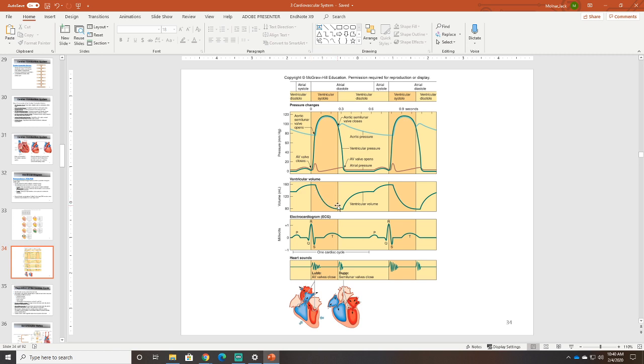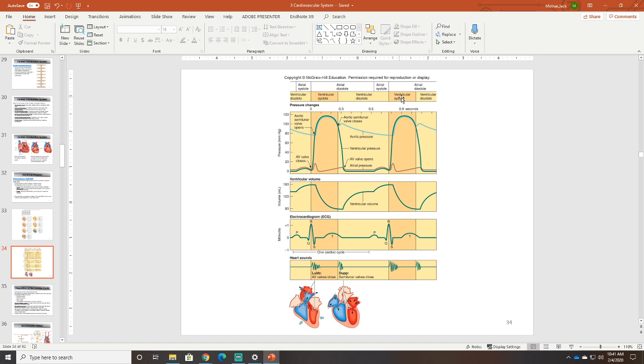Then during ventricular diastole, or ventricular relaxation, we see passive filling of the ventricles. About 70% of its volume here is passive filling. And then right here at this moment where we see atrial systole begin, that's atrial contraction. We get that atrial kick where we get the last 30% of the blood kicked into the ventricles.